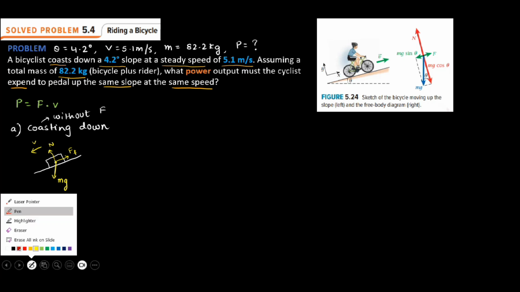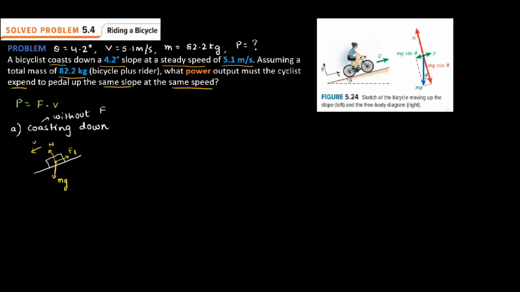Then we split the force due to gravity into its components. First component along the y-axis, mg cosine theta, then one along the x-axis, which is mg sine theta. Since coasting down means without applying external force, mg sine theta and the force of friction are the only two forces acting along the x-axis, which is causing the bicycle to move with a steady speed.